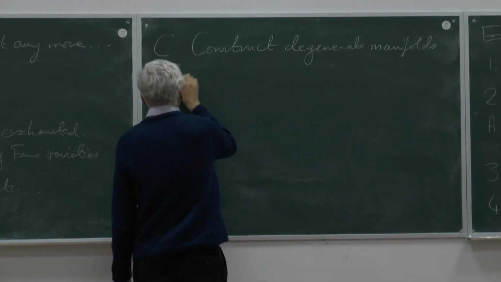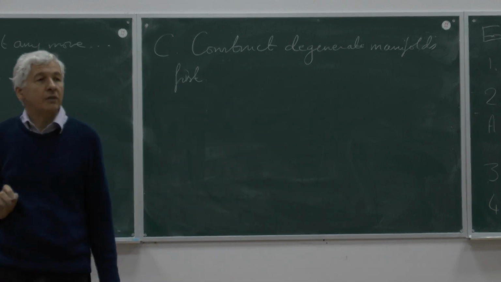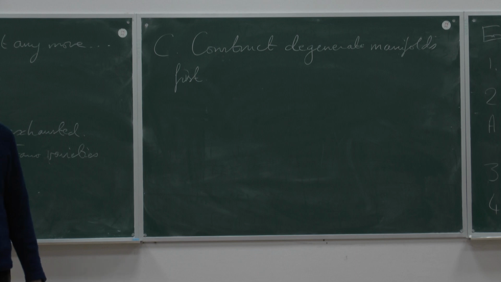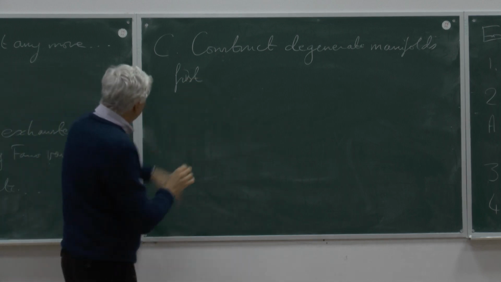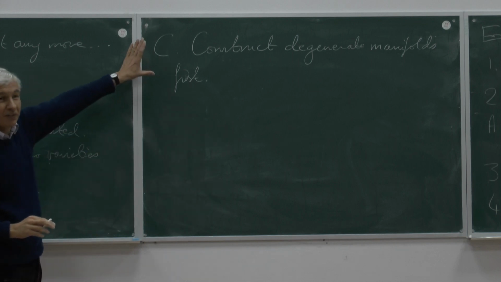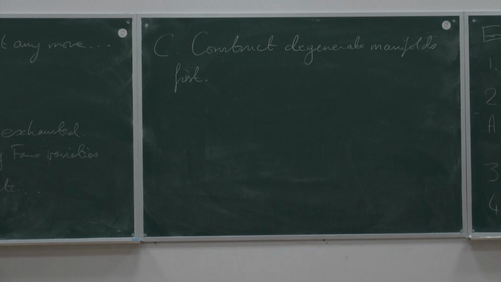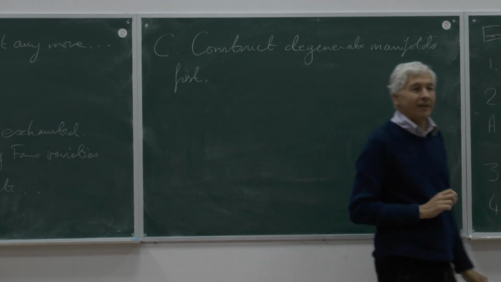Okay, so the third construction that I can think of is to construct the degenerations first, and then try to smooth. This is not the world's least obvious idea, but I'm not really aware of any very serious attempt to do this.